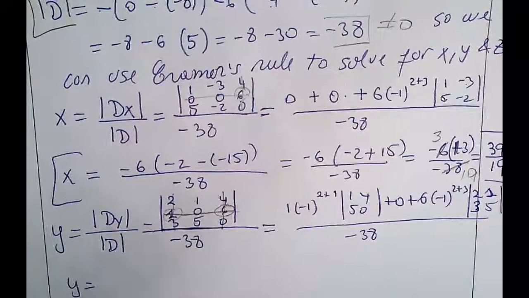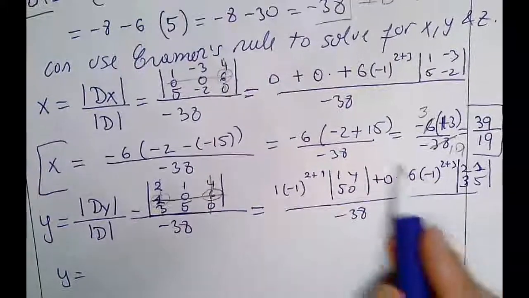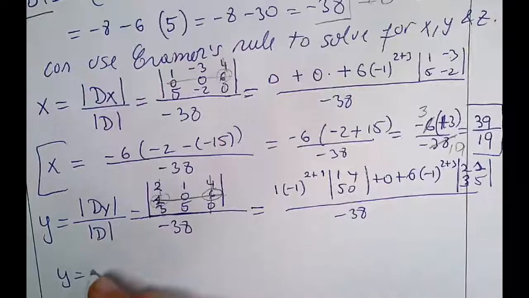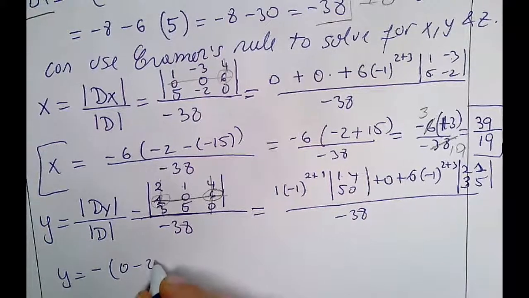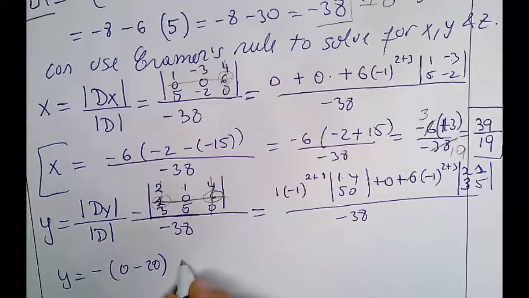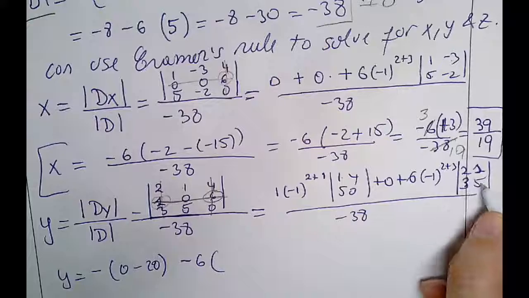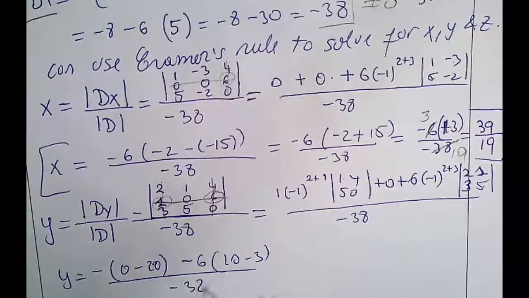So y equals, it's probably a good idea to calculate these determinants separately rather than have all this work here. So it's going to be negative 1 times 1 times 0, 0 minus 5 times 4, 20, minus 6 times 2 times 5, which is 10, minus 3 over negative 38.